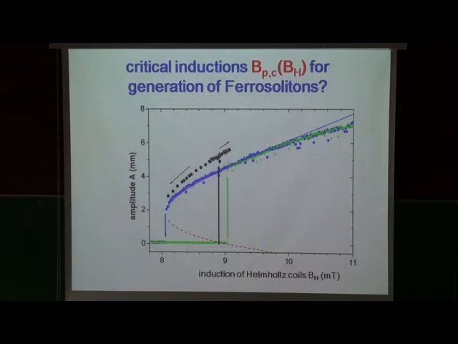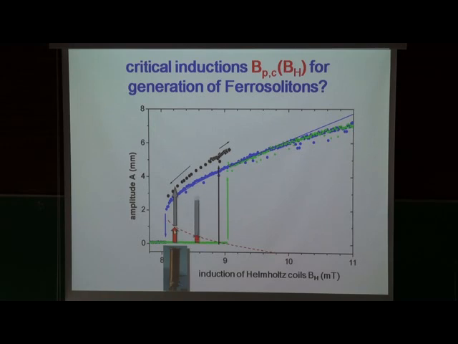And I try to describe now our current understanding of the situation. Here you have the homogeneous pattern, and for a certain homogeneous field applied, you can add such an additional field.